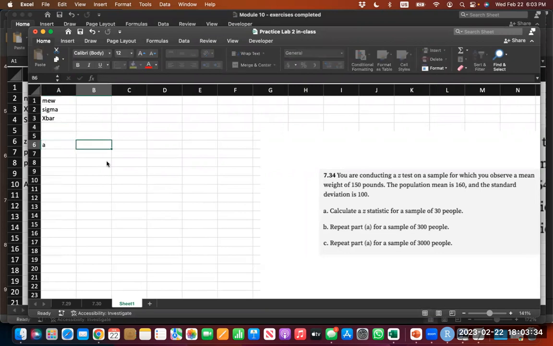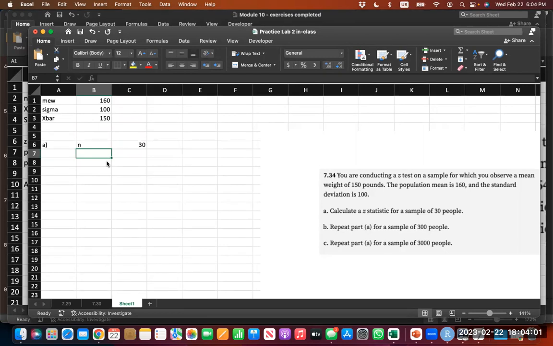A is n equals 30. Okay. So we have a mu, the population mean, of 160. We have a sigma of 100. We have an x bar of 150. Our n for the first example is 30.